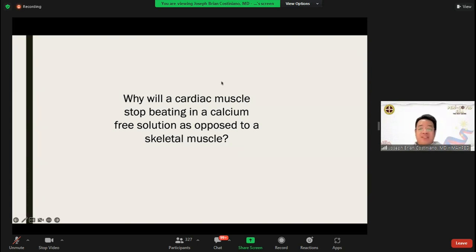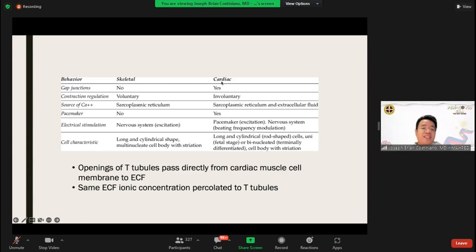Pero actually, ang answer nito is that the T-tubules of your cardiac muscle cell open directly to your extracellular fluid.